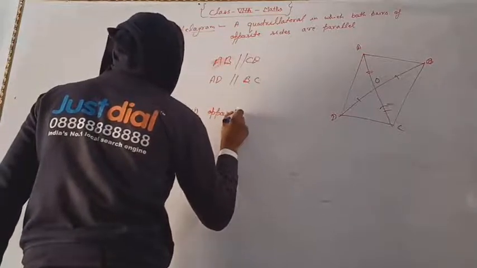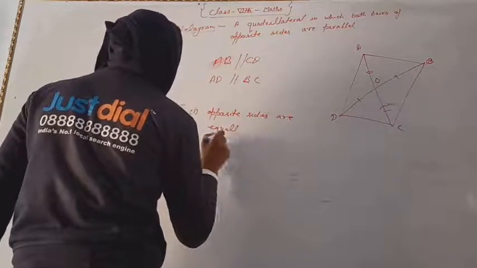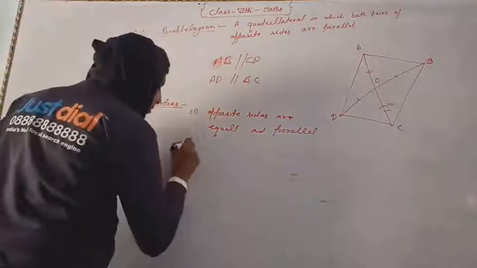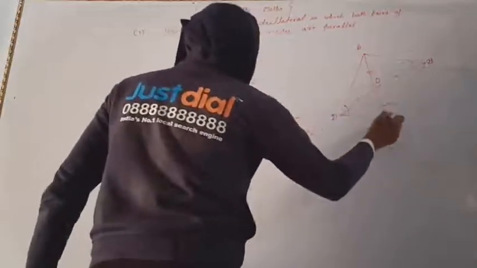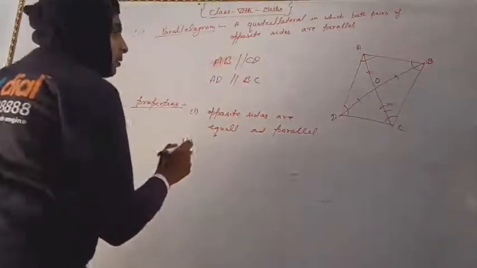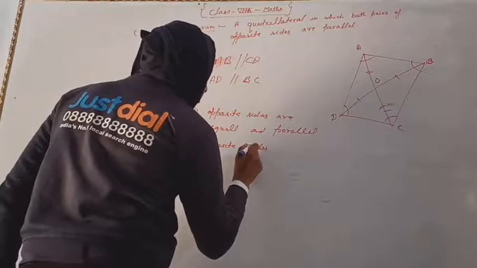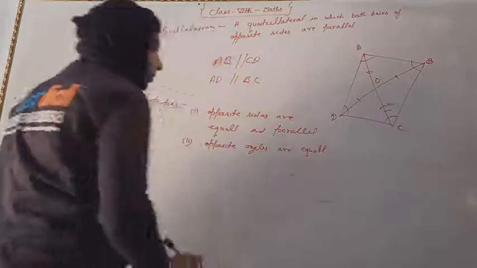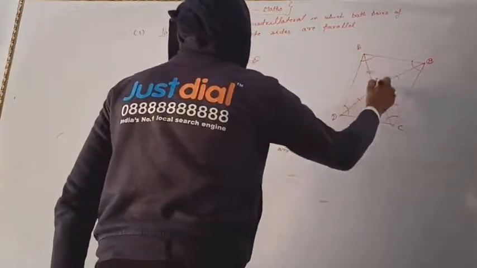Second, opposite angles are equal, so this angle is equal to this angle and this is equal to this. Third property: the diagonals bisect each other at the point O.